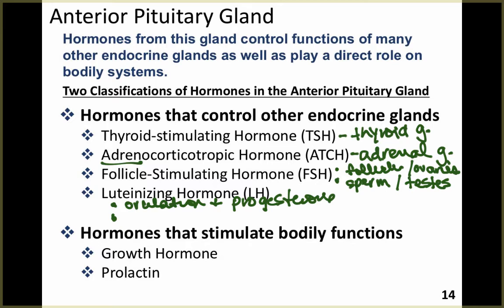Now, to help with men in reproduction, luteinizing hormone helps with stimulating the production of testosterone. And this happens in basically the testes to maintain sperm production.